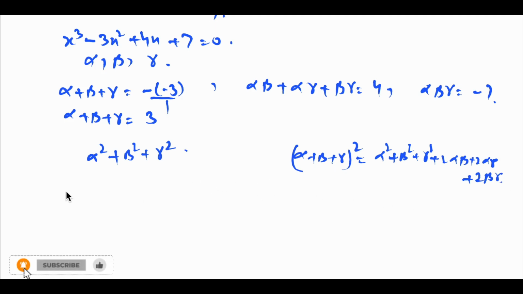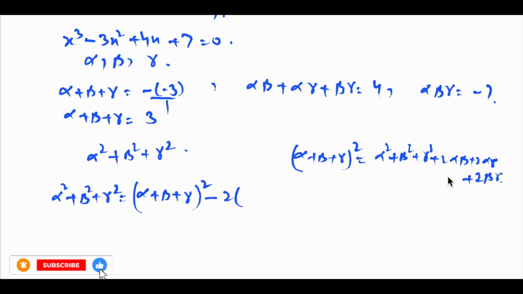So I can say alpha square plus beta square plus gamma square is always equal to alpha plus beta plus gamma whole squared minus this one, and 2 is common, so it should be minus 2 times alpha beta plus alpha gamma plus beta gamma.